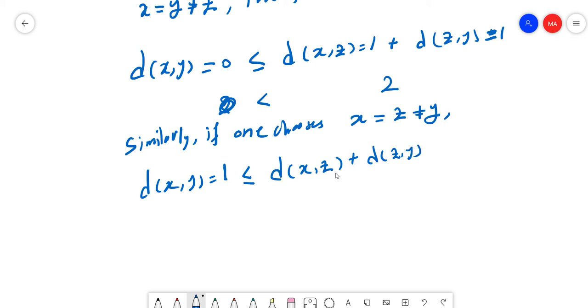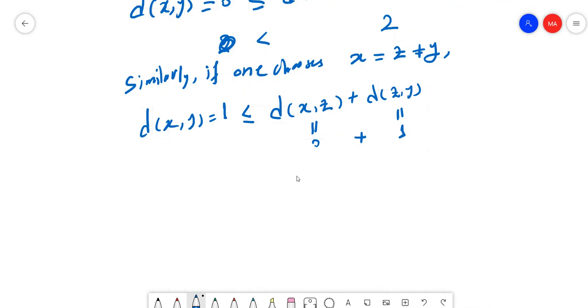Clearly, the distance between x and z is 0, and between z and y is 1. 0 plus 1 is equal to 1. So we have equality.